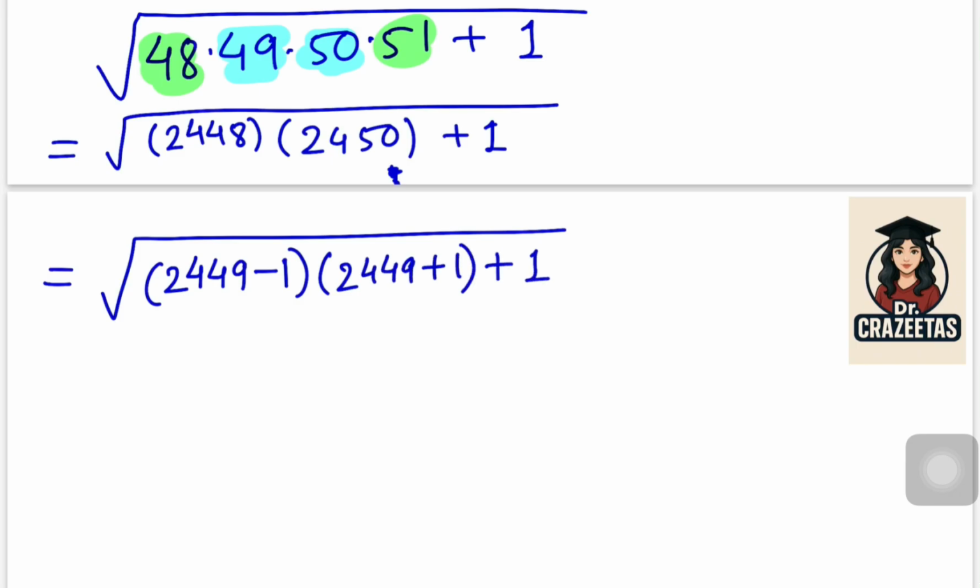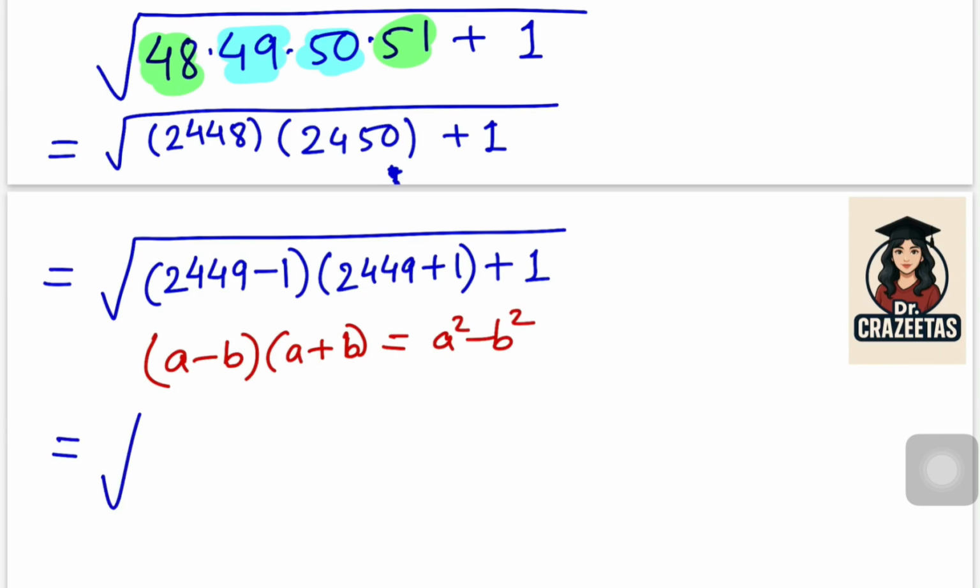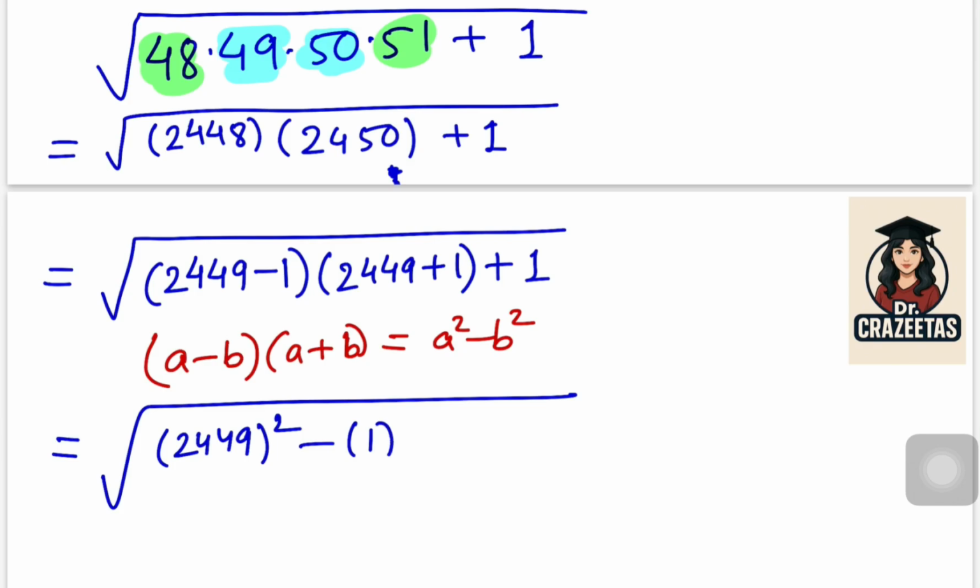In this way we get such a combination of numbers. That will help us apply the formula a minus b into a plus b, which we can write as a squared minus b squared. So inside the square root, of course, it will be 2449 square minus 1 square.